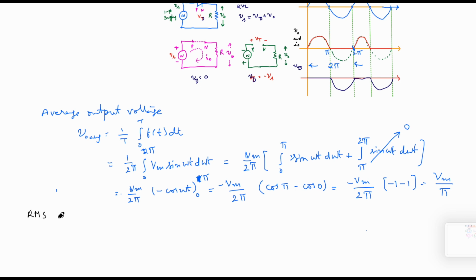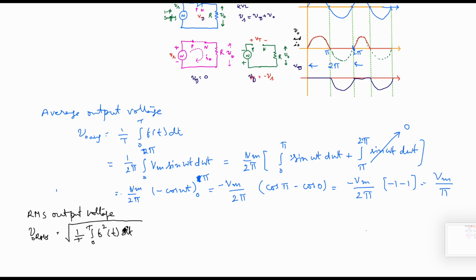So RMS output voltage. So same thing, V naught RMS you can say, which is equal to square root of, this is the general formula, 1 by T integral 0 to T f square of T dt.